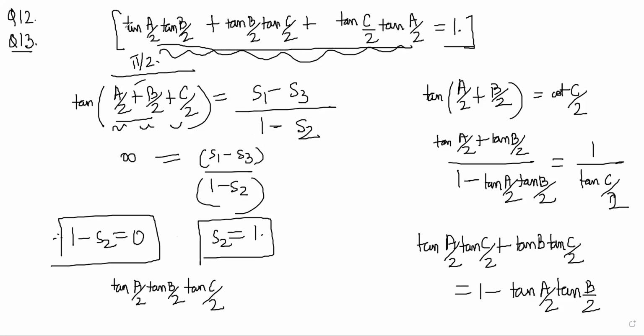So what do you get here? 1 by tan A by 2 plus 1 by tan B by 2 plus 1 by tan C by 2, right? You get the 13th one directly. It becomes cot A by 2 plus cot B by 2 plus cot C by 2 is equal to 1 by tan tan tan, which is cot cot cot, right?